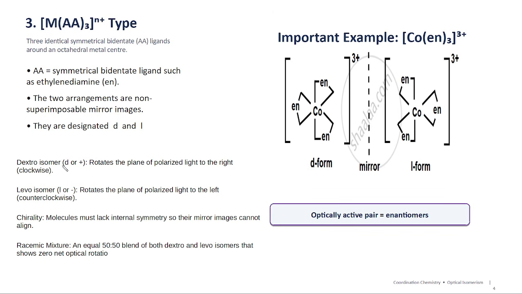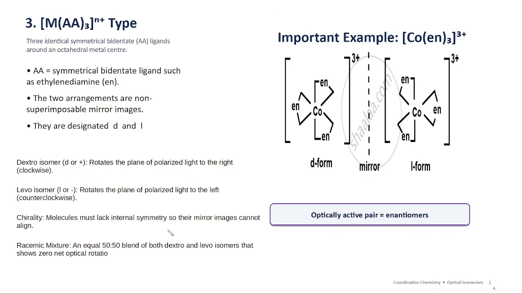So the compound is called a dextro isomer, meaning it rotates plane polarized light clockwise. The symbol is D or plus. Next, if the compound rotates counterclockwise, it is called the levo isomer, L or minus symbol. So the molecule must lack internal symmetry and the mirror images are non-superimposable.